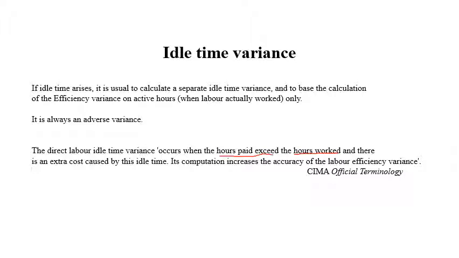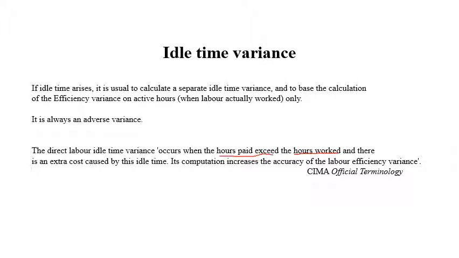When idle time occurs, the labor force is still paid wages for time at work, because you cannot keep them unpaid, but no actual work is done at that time. So time paid for without any work being done is unproductive and therefore inefficient. In variance analysis, idle time is always adverse, as I mentioned.